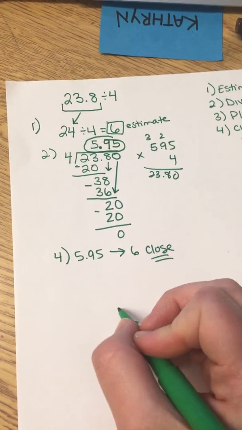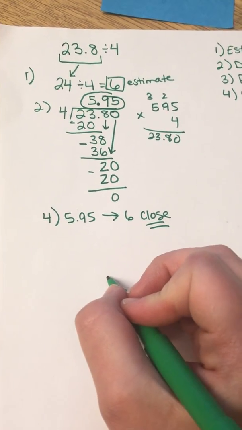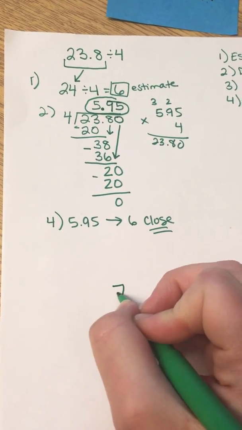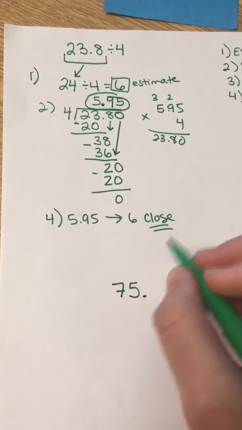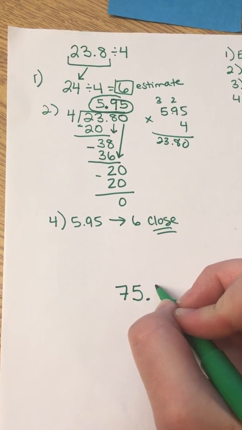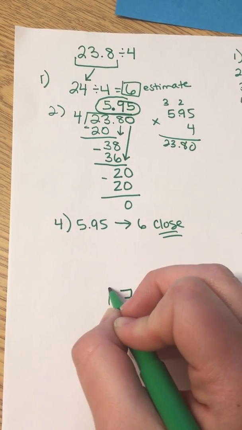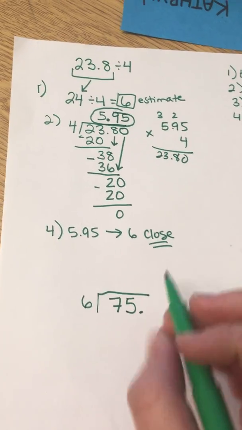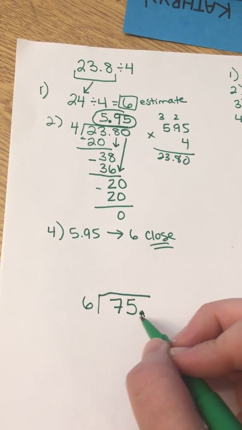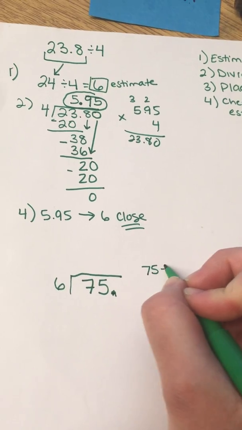So take your pen, take your pencil, get a spare piece of paper, and you're going to do this one with us. So we're going to do 75 divided by 6, actually. So this is going to give us a decimal answer. The first thing I'm going to do is estimate, so I know that I'm doing 75 divided by 6.